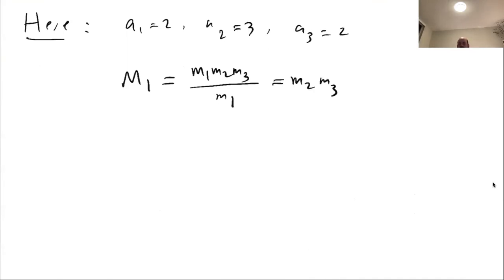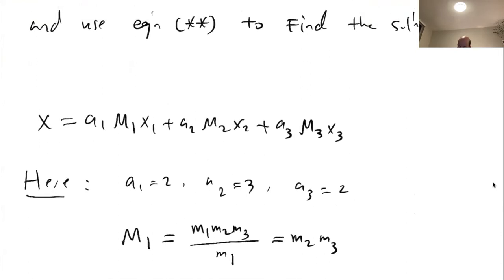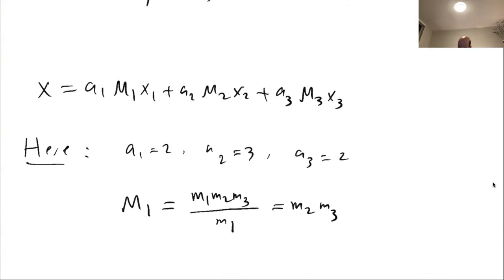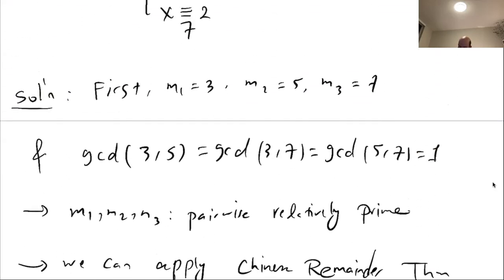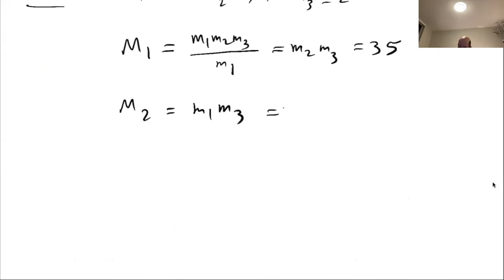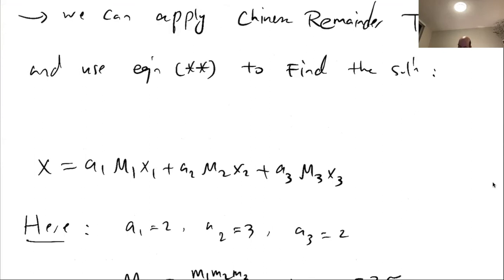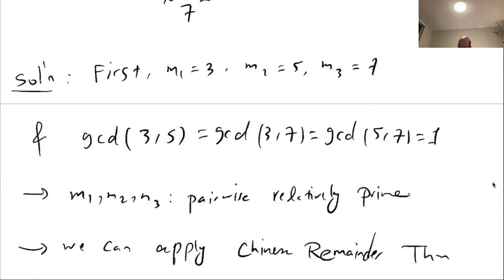So capital M1 is the product of all small mi except m1, which means m2 times m3. And how much is that? m2 and m3 were 5 and 7, so that's 35. Similarly, capital M2 is the product of all mi except m2, so m1 times m3 is 21. And capital M3 is m1 times m2, which is 15.